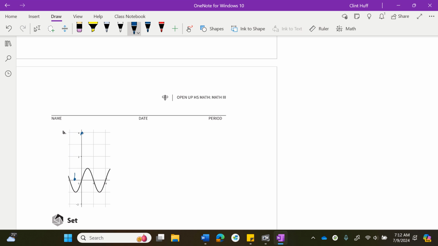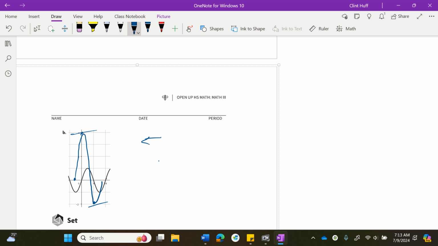And the period doesn't change, so it'll come way down here to negative. Oops, we'll try that again. So we're right about here, so we're up, down, and up. So we went backwards and we stretched our graph.